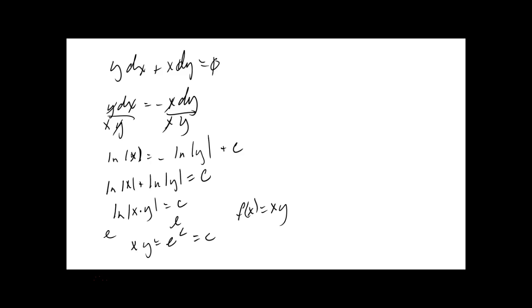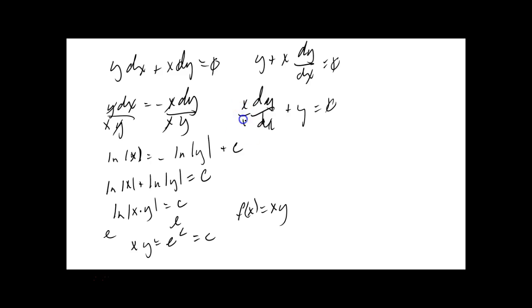Now, basically, it's also linear. It doesn't look linear until you do some adjustment, like not writing it in differential form and writing it as y plus x dy/dx is equal to 0. Then rearrange the order a little bit: x dy/dx plus y is equal to 0.